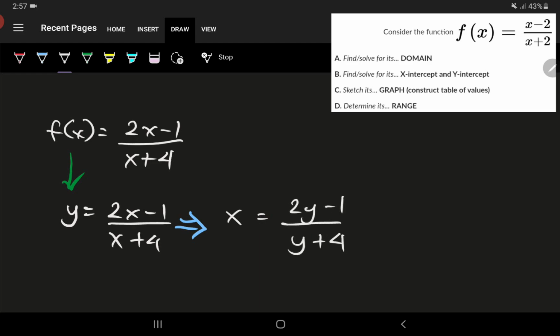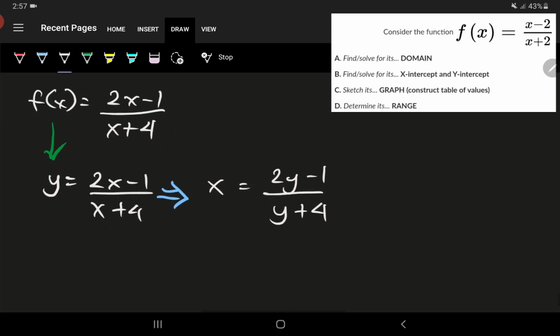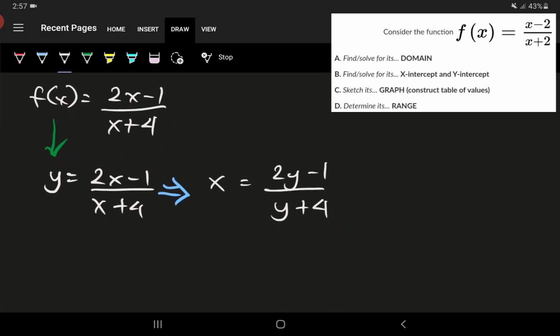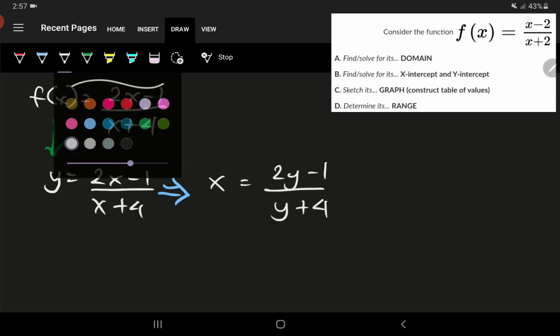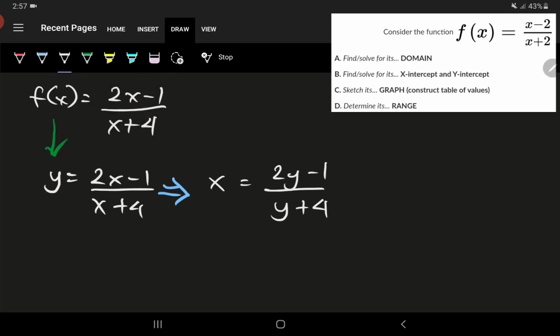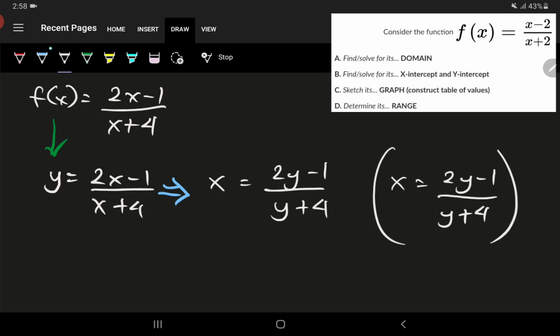Okay? So after this, let's proceed to step number 2. Let's solve for the value of y. Since we have this denominator, let's remove it by multiplying the entire expression by our LCD, which is y plus 4. So we have x equals (2y minus 1) over (y plus 4) times our LCD, y plus 4, on both sides. Okay?